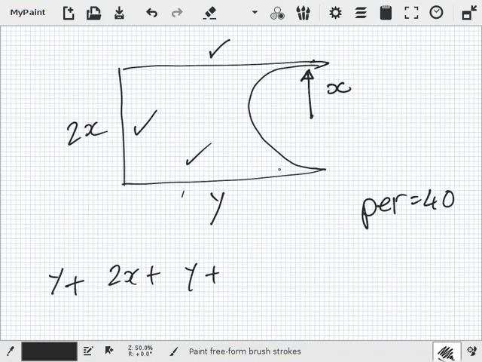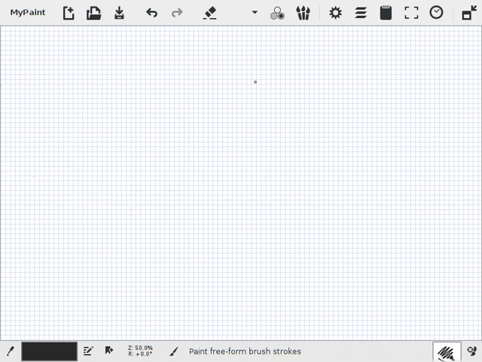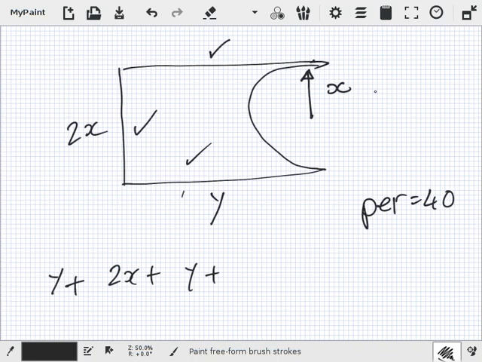Oh, you're thinking of the other formula. So if I have a circle and its radius is r, then for a full circle it's 2 pi r. And so for half a circle, it'd be pi r. So this one here would be pi x. And that should equal 40.